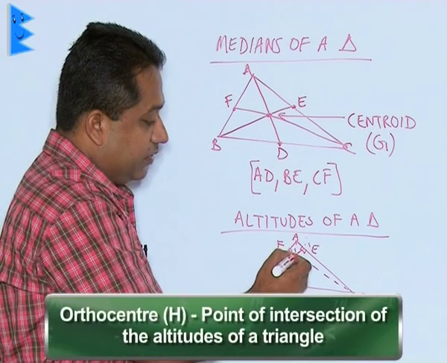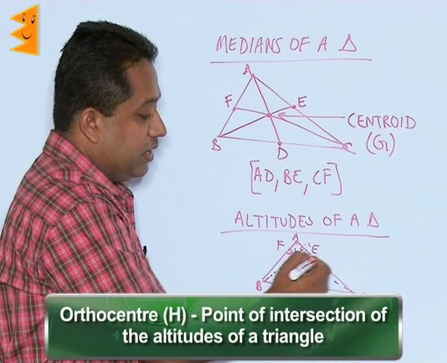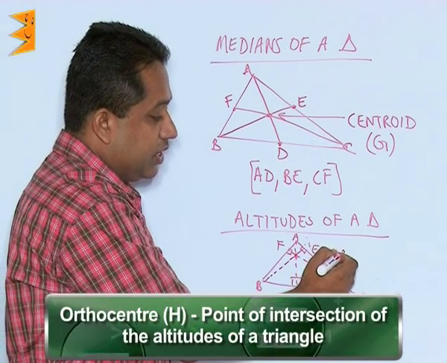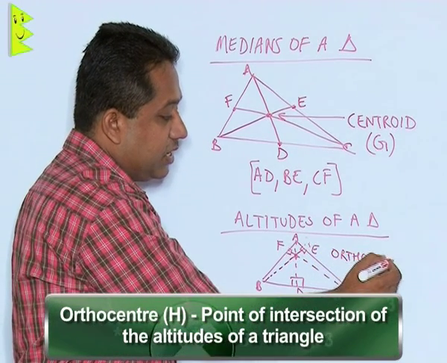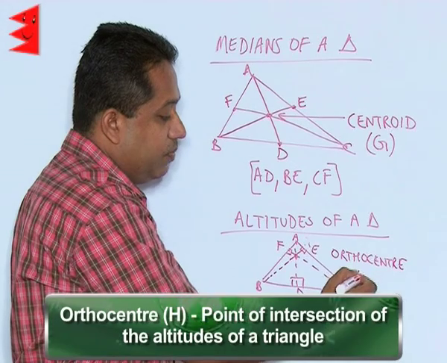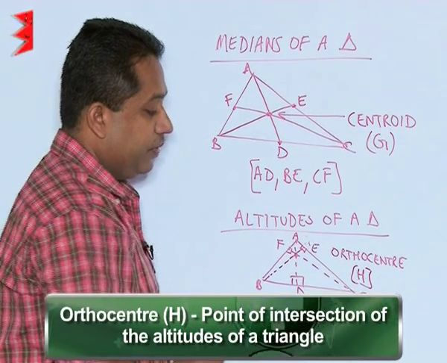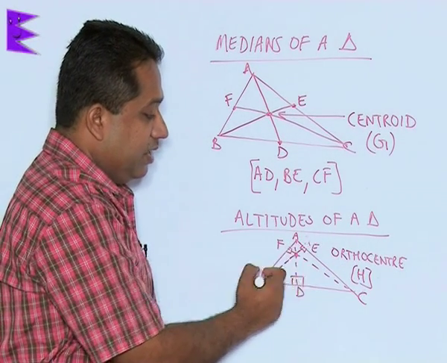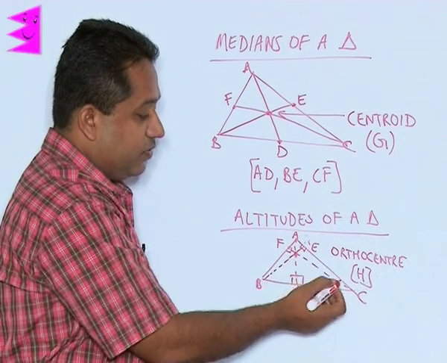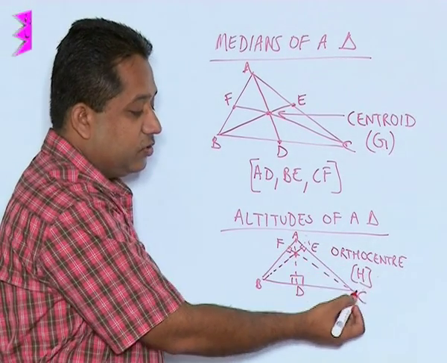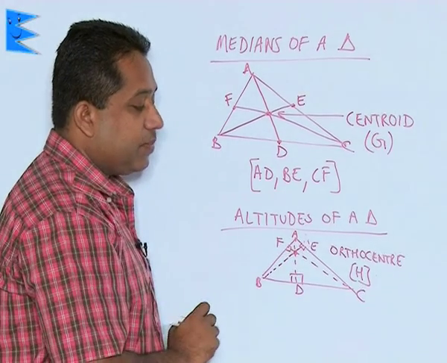And the point of intersection of the altitudes of a triangle is known as the orthocenter. Orthocenter is normally represented by the letter H. So, AD, BE and CF are altitudes, and the point of intersection of the altitudes of a triangle is known as the orthocenter, represented by capital H.